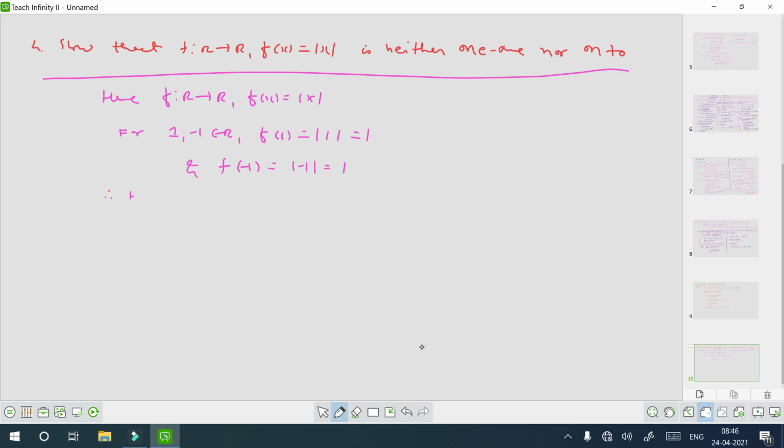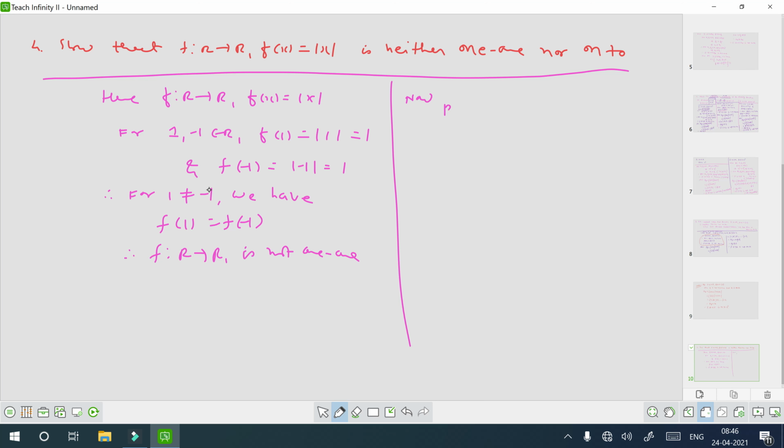And therefore, for 1 not equal to minus 1, we have f of 1 is equal to f of minus 1. And therefore f from R to R is not 1-1. This function is not 1-1.